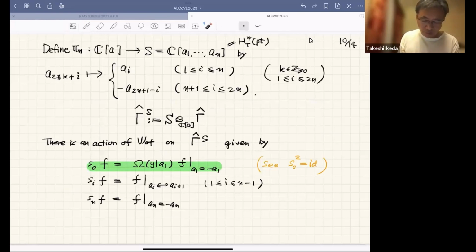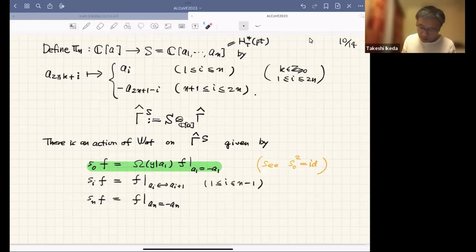There is a funny action of the affine Weyl group on this ring, given by this. The generators s_i other than s_0 act as usual: we switch A_i and A_{i+1} for i from 1 to n minus 1, and we switch A_n and A_{n-1} in a natural way.